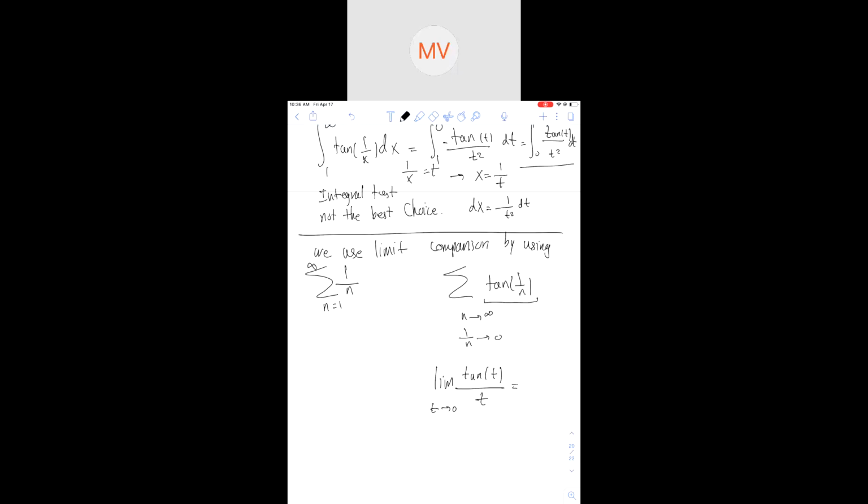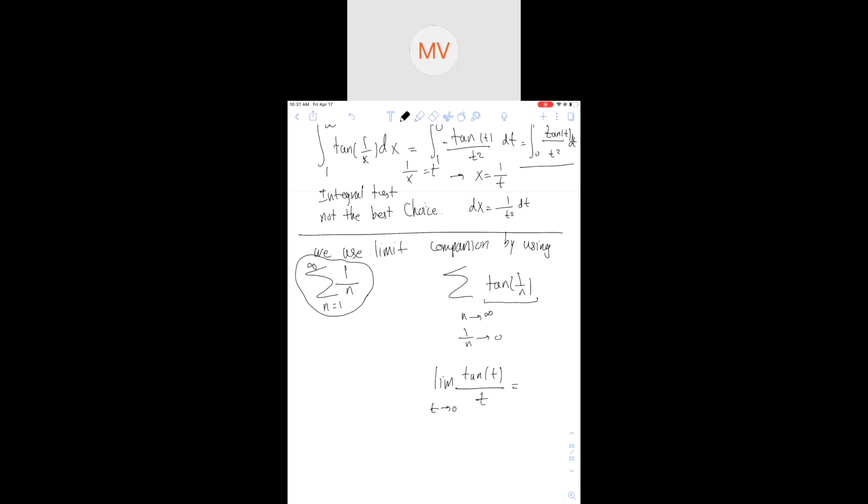Tan of t over t when t approaches 0. Because if you were familiar with this limit, you would probably be able to come up with this series and use it for limit comparison. The value of this limit is 1.